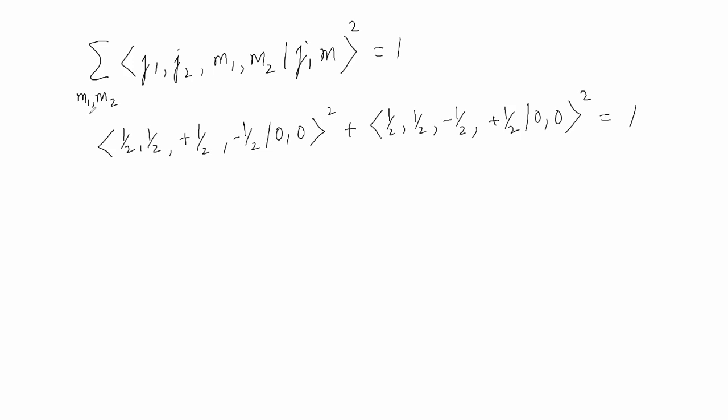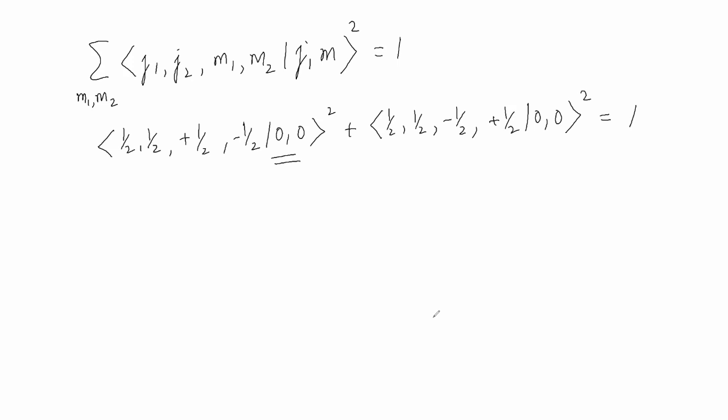Because M1 and M2 are summed, you are taking the values of M1 from minus J1 to plus J1 and M2 from minus J2 to plus J2. But you have to keep in mind that your J and M must be equal to 0 0.